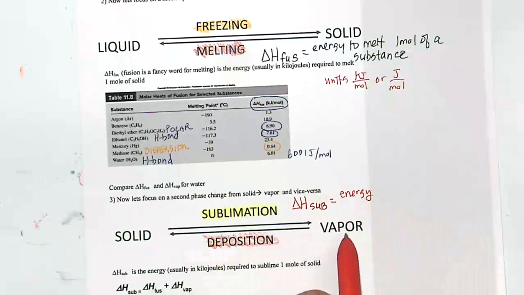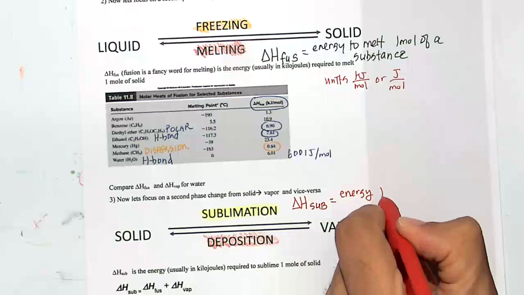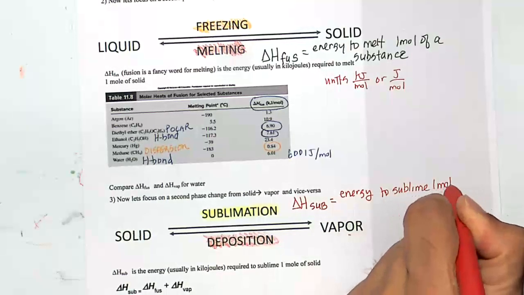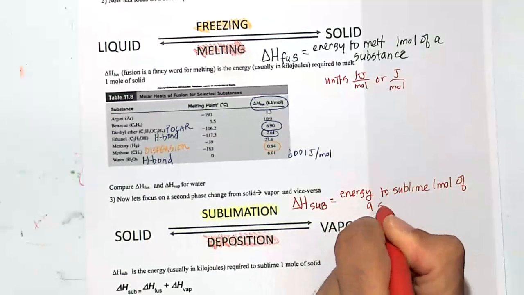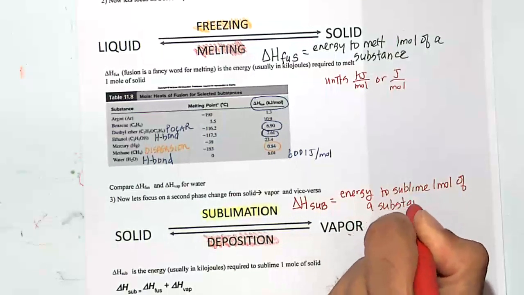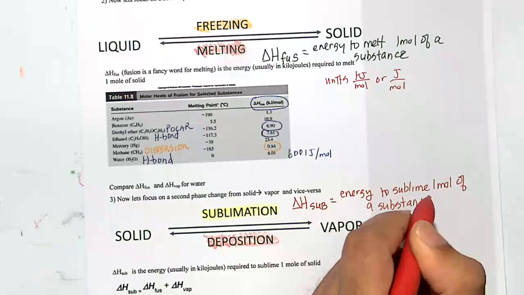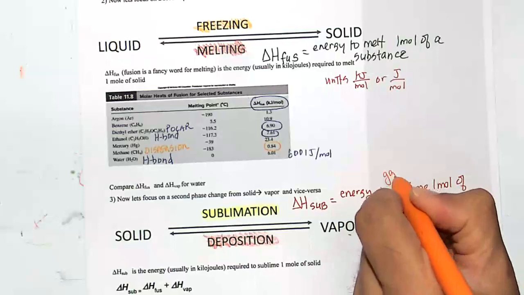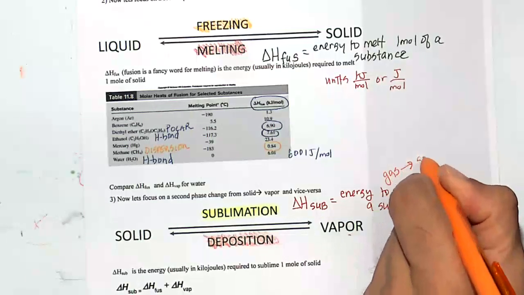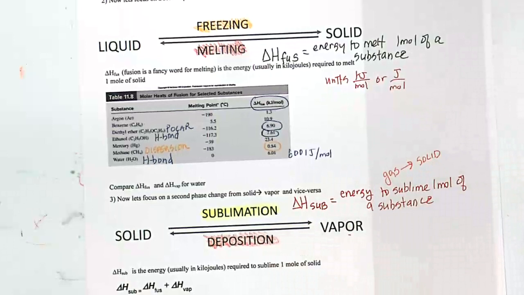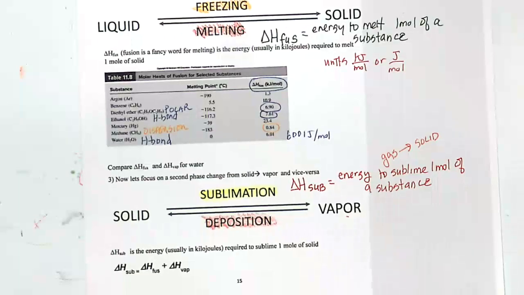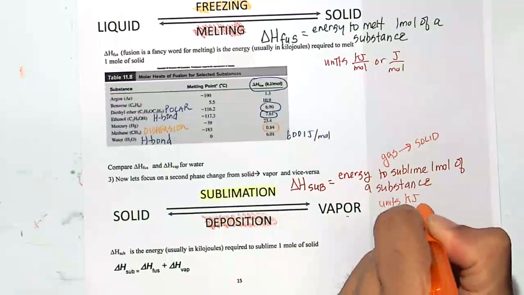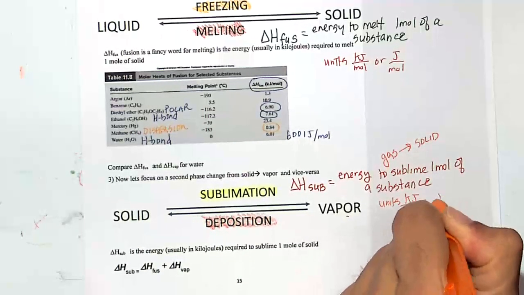You have to put in that energy to go from solid to vapor. Units are the same: kilojoules per mole or joules per mole.